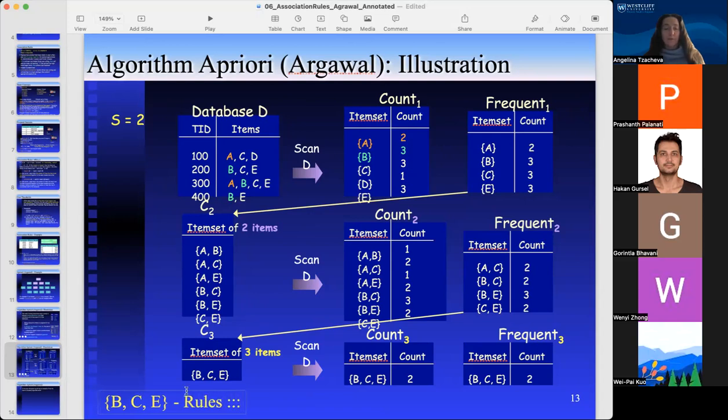What rules can we get from this one? We will get several rules. We can get the rule that B implies C. That's one rule. We can get the rule that B implies E. And we can also get the rule that C implies E.